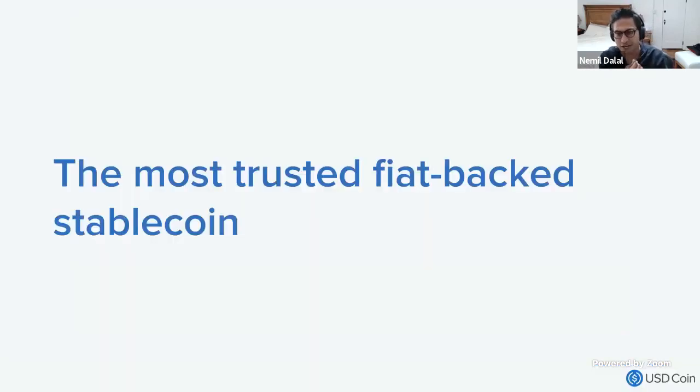Our core differentiator, and the thing that we focus on the most, is to make it the most trusted fiat bank stablecoin. You'll see that not just in the discussions we have today, in terms of what it means for our smart contracts, our deployment, and the super user keys that we hold, but also in how we think about auditability, putting money into the bank account, and making sure that third parties are reviewing it.